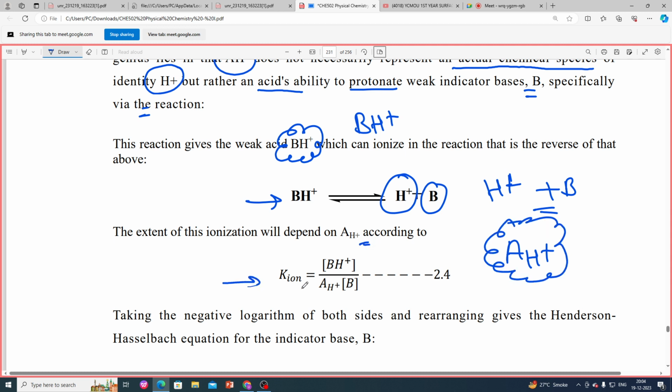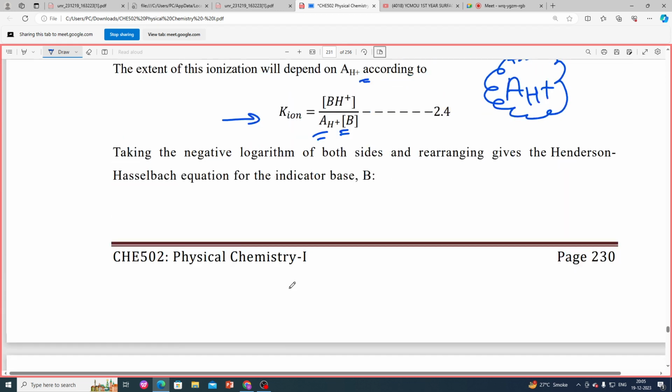Okay, so here we can write the equation K_ion is equal to the concentration of B times aH+ divided by the concentration of BH+. Taking the negative logarithm on both sides and rearranging gives the Henderson-Hasselbalch equation for the indicator base.